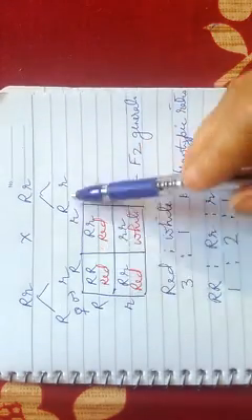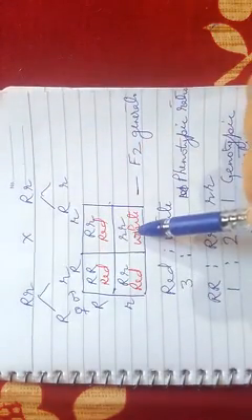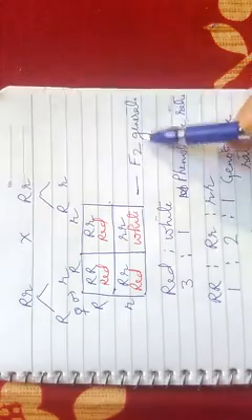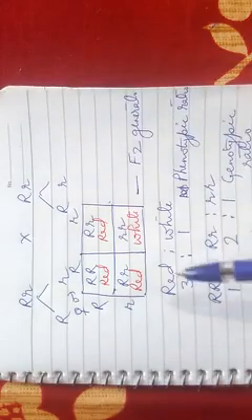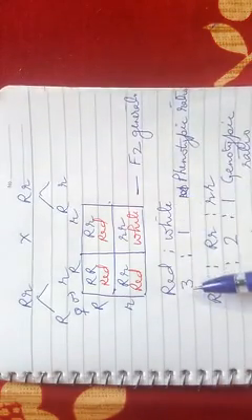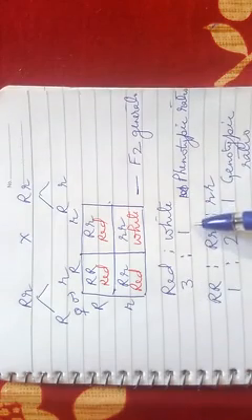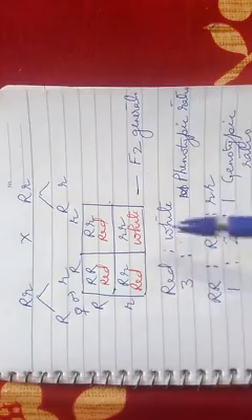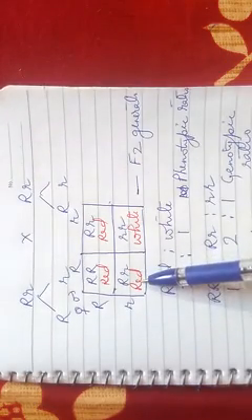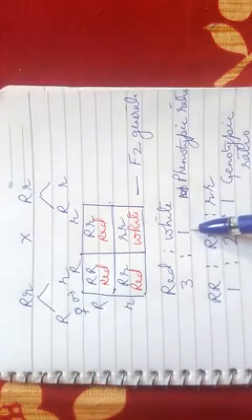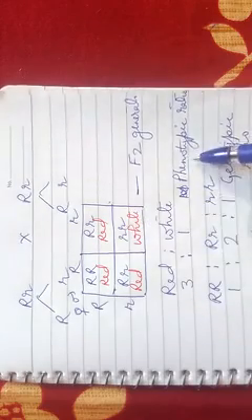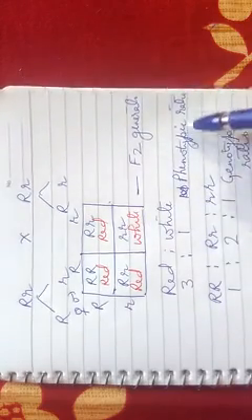Random fusion of the gametes shows that two types of individuals are obtained in the F2 generation, red and white, in the ratio 3:1. 75% of the individuals in the F2 generation are red, they produce red flowers, and 25% of the individuals produce white flowers. So this 3:1 is the monohybrid phenotypic ratio.